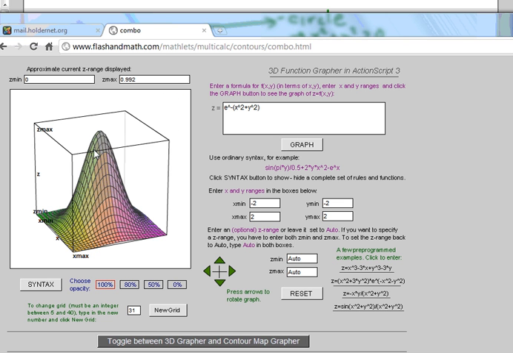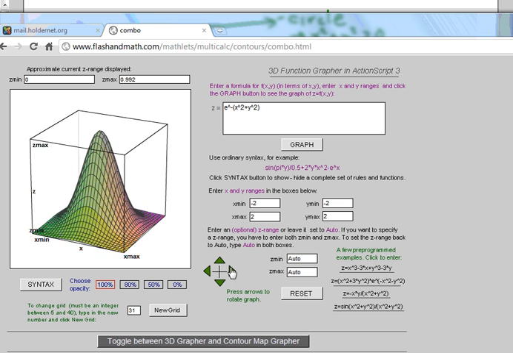When we said circle features, if we were to cut across here, these would be circles. Our contour lines would be circles. And as our x and y values get further and further away from 0, our z values get closer and closer to 0.